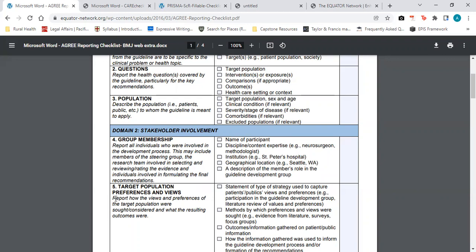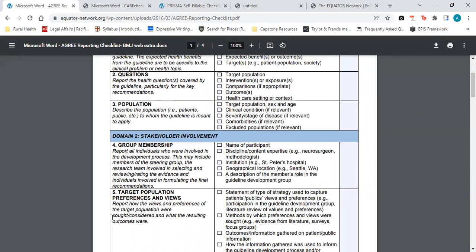But I think these checklists can be really helpful to have a discussion with potentially your site if they're very involved in your project, and certainly your faculty advisor, to discuss what information you want to be collecting, and how you're going to report that out as part of your poster and your poster presentation.